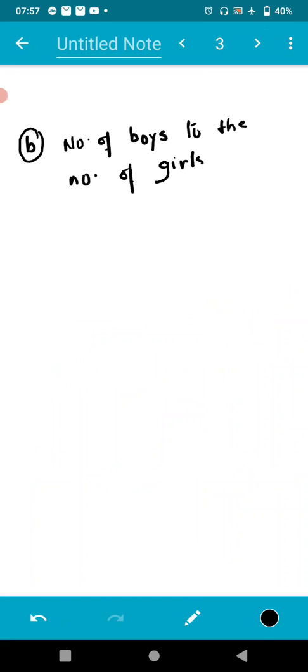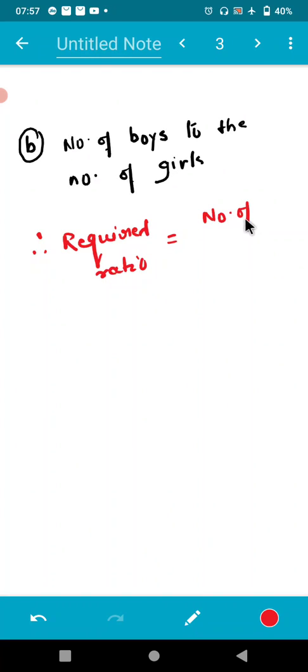In sum B, we have to find the ratio of number of boys to the number of girls. So the required ratio is equal to number of boys, because this expression is mentioned first, so we put it in the numerator, and number of girls in the denominator.